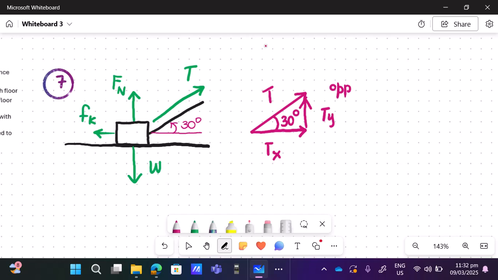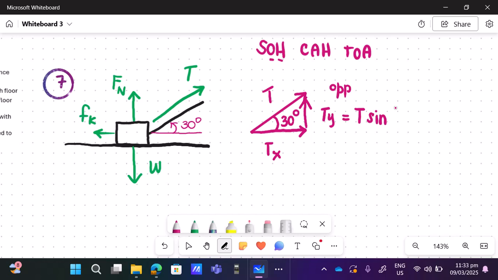Okay, let's recall we have SOHCAHTOA. We see that if your side is opposite to the angle in relation to the hypotenuse, then that will be sine. Therefore, the vertical component of this tension force is equal to the resultant T sine theta, or T sine 30.